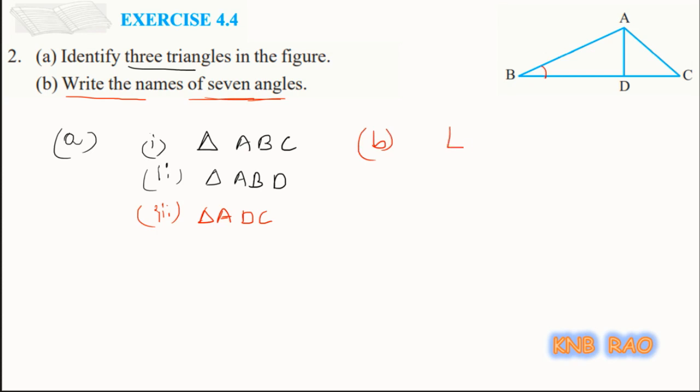So angle ABC. I can call it angle ABC with the 3-letter notation, or if it is a simple angle having one and only one angle at the vertex B, we can write with 1-letter notation also as angle B.